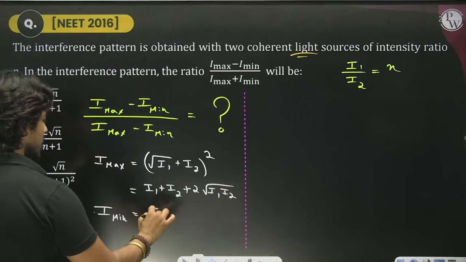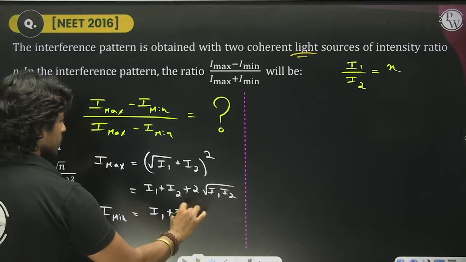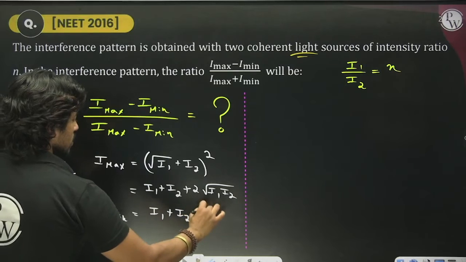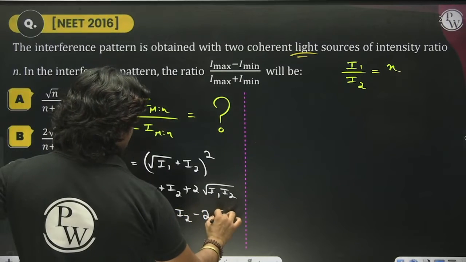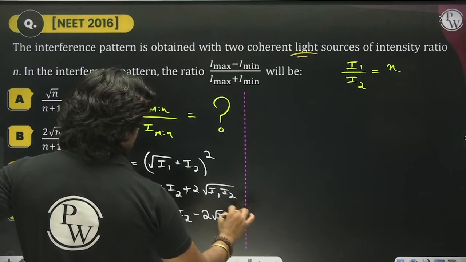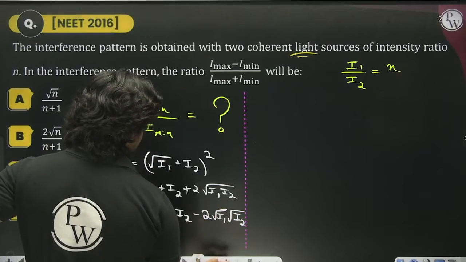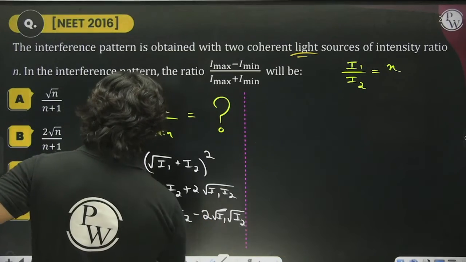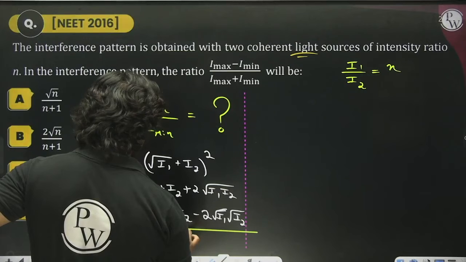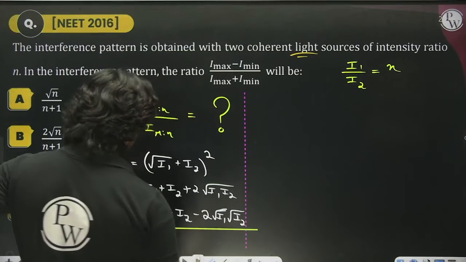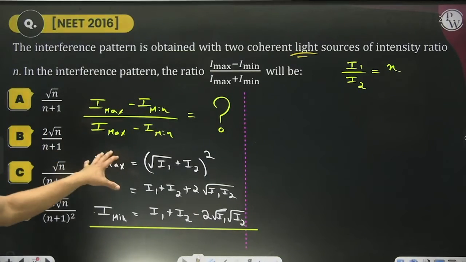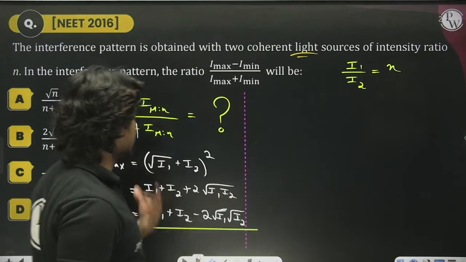That's going to be I1 plus I2 minus 2 root I1 root I2. This is going to be the expression. Now what you can do? You can find the value of I max plus I min and I max minus I min.